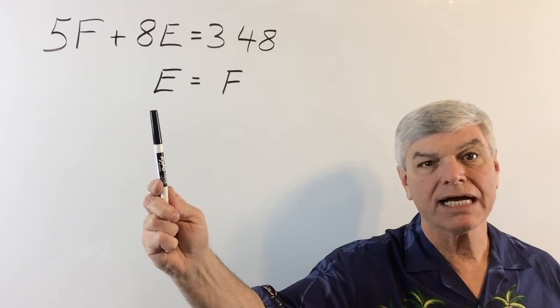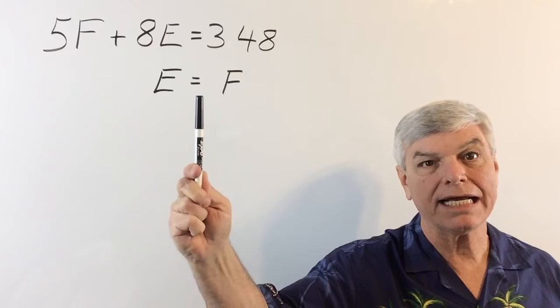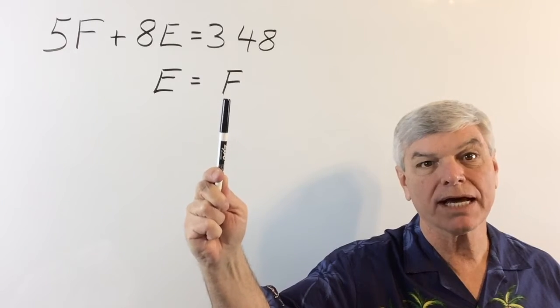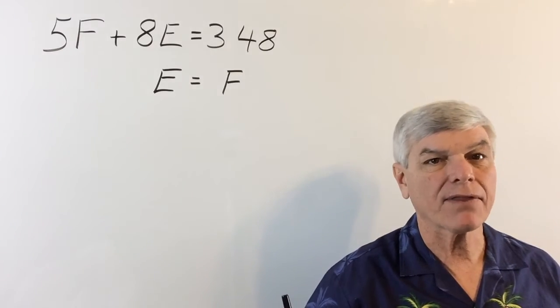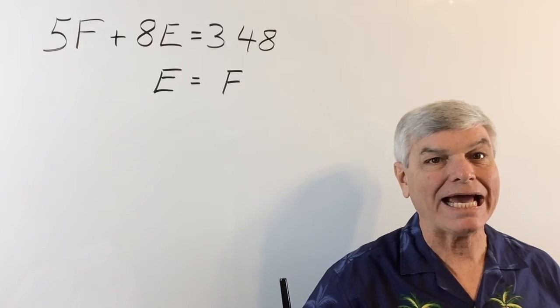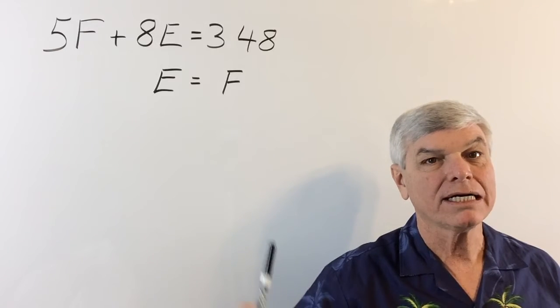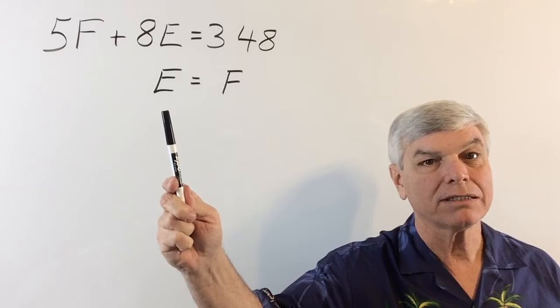If we have 3 times as many of this, then to get it equal, we're going to have to multiply this by 3. Think about that. What's the bigger number? 3 times as many 8-cent stamps as 5-cent stamps. What's the bigger number? This is the bigger number.